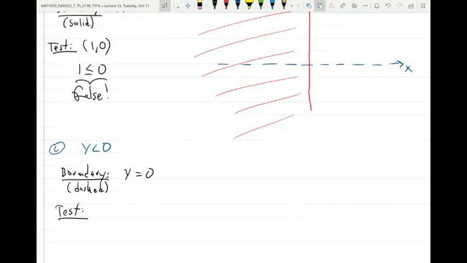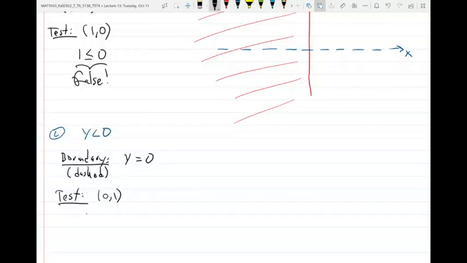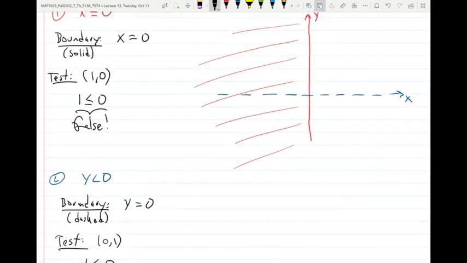All right, once again, 0, 0 is not a good choice because our line passes through 0, 0. Again, 1, 0 is not good because our line also passes through 1, 0. So I'm going to pick 0, 1. When you plug it in, we get 1 less than 0. Again, that's false because 0, 1 is above the blue line.